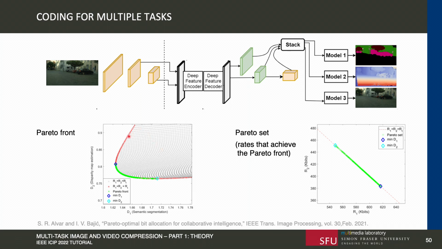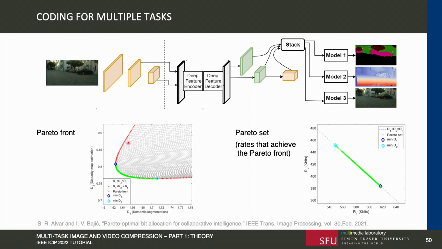The red points here are the extremes of the feasible region. They correspond to using up all the bits that are available within the total rate constraint. However, the distortion points that are shown in red here are not Pareto optimal.